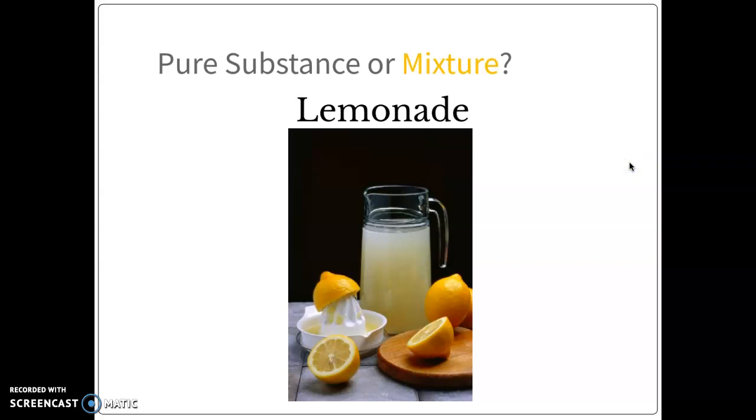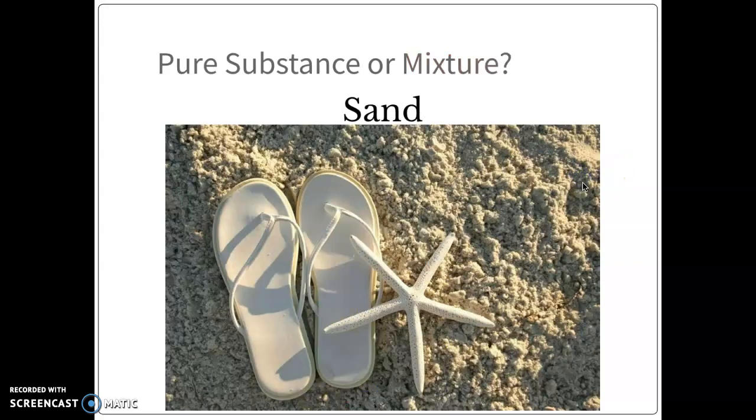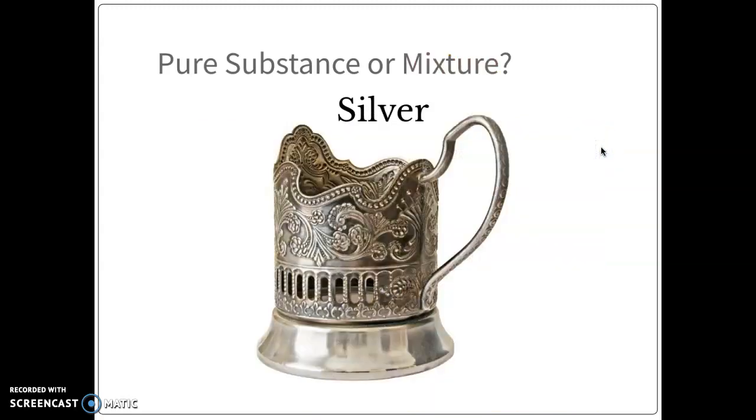If you've made lemonade before, you know that you either stir some powder into water, or you use some lemon juice and some sugar. So you're mixing those things together and they're not chemically combining. All right, sand. Sand is a mixture. Silver. Silver is an element, which makes it a pure substance.